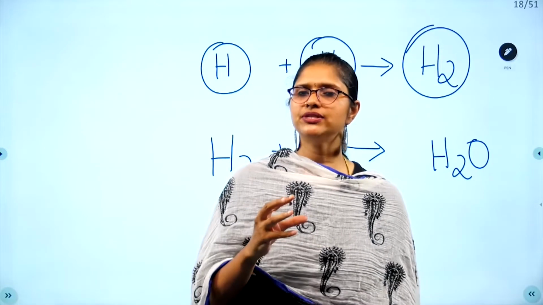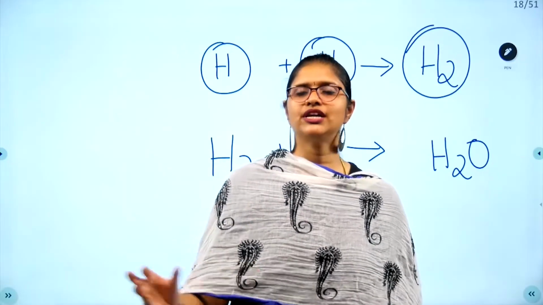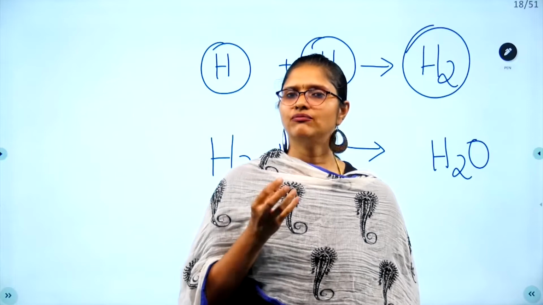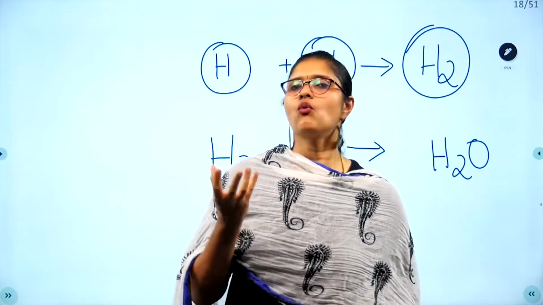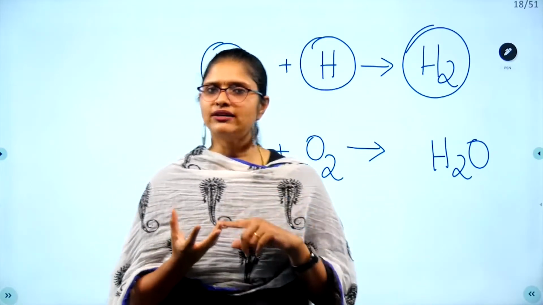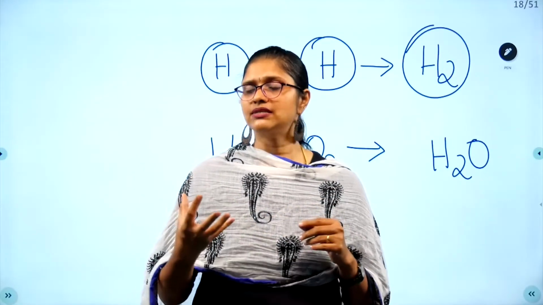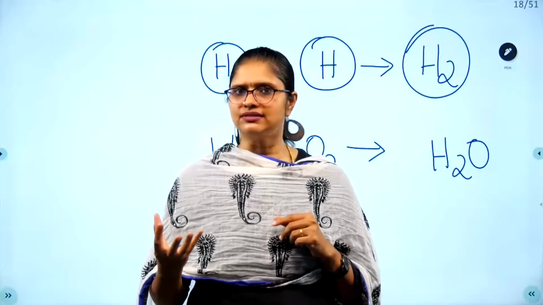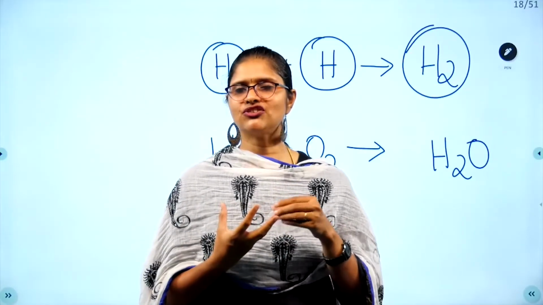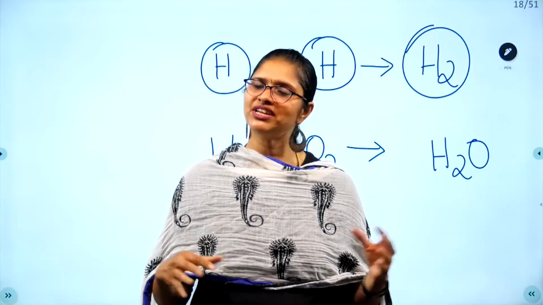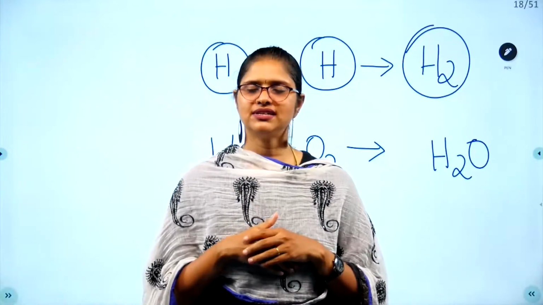So when hydrogen reacts with oxygen, it forms water. What do you understand from this? Water consists of hydrogen and oxygen, but in a compound, elements lose their identity. There is no property of hydrogen or oxygen shown here, but water has different properties.